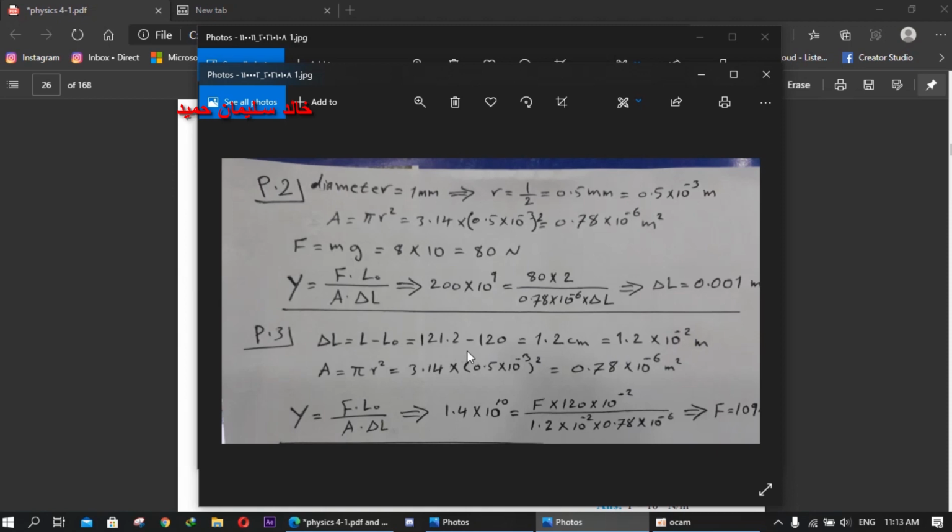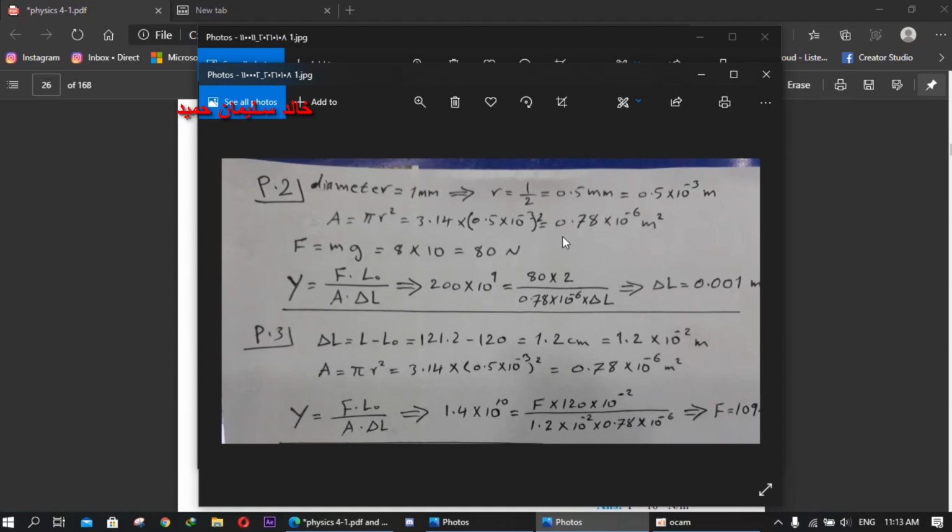And also we need the cross-sectional area, pi r squared, equal 3.14 times 0.5 times 10 to the minus 3, all of that squared, which is equal to 0.78 times 10 to the minus 6 square meter.